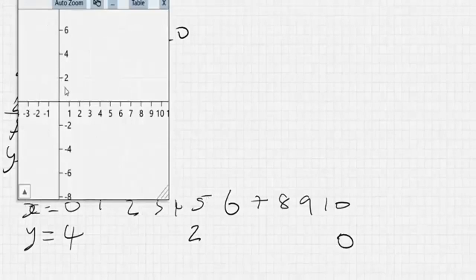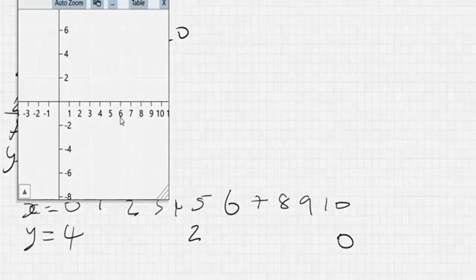If you check the scale I used, that's why I'm having 2, 4, 6 in this order for the y-axis, and 1, 2, 3, 4, 5 in that order for the x-axis.